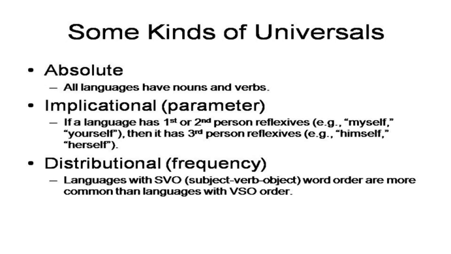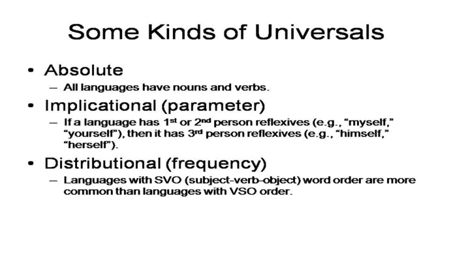Reflexives are used to distinguish between when you're referring to the same person again or referring to a different person. So instead of saying Bob hit him, you would say Bob hit himself, right? And that means different things. So if you have first or second person reflexives, you will have third person reflexives in your language.